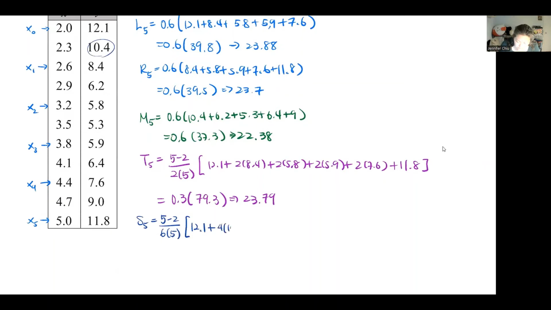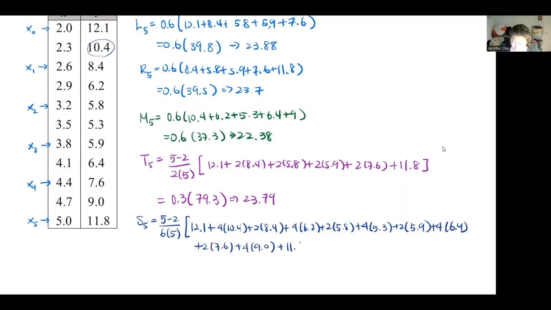So 4 times 10.4, 2 times 8.4, 4 times 6.2, 2 times 5.8, 4 times 5.3, 2 times 5.9, 4 times 6.4, 2 times 7.6, 4 times 9.0, and 11.8.